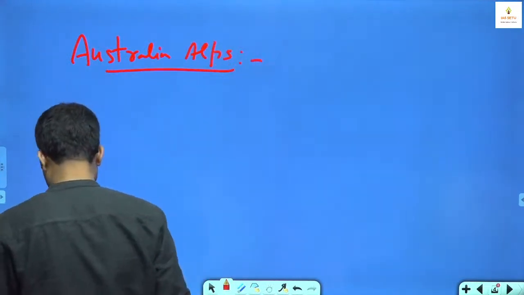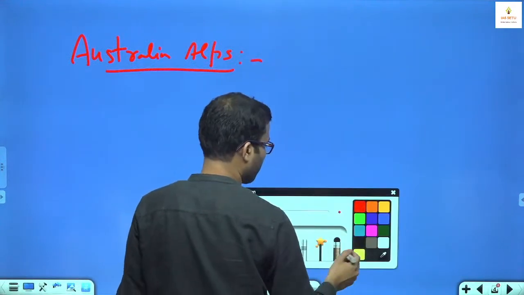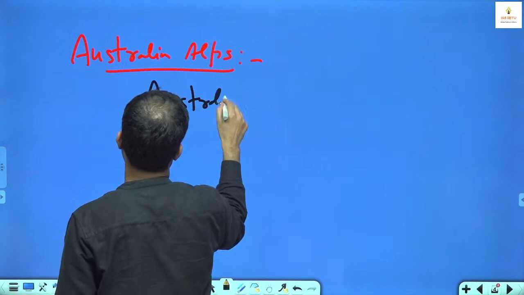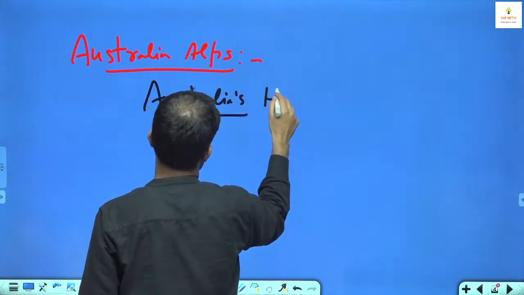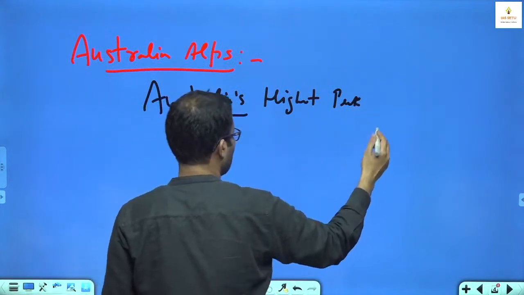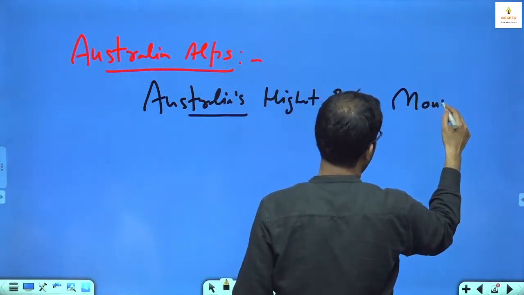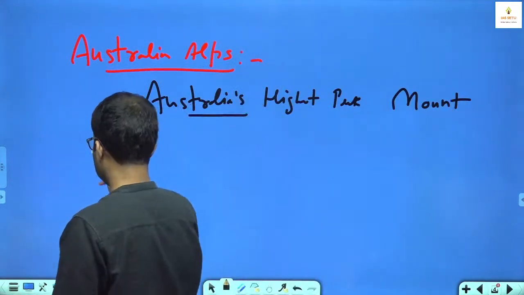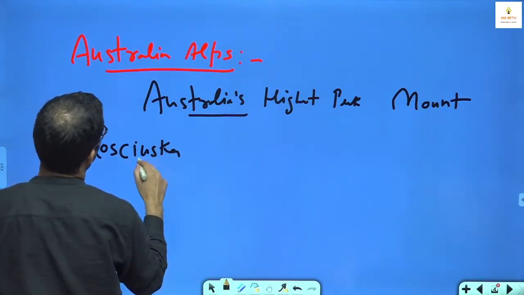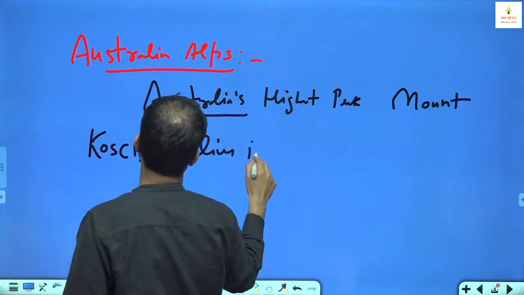For this you can note down: Australia's highest peak, Mount Kosciuszko, lies in the Australian Alps.